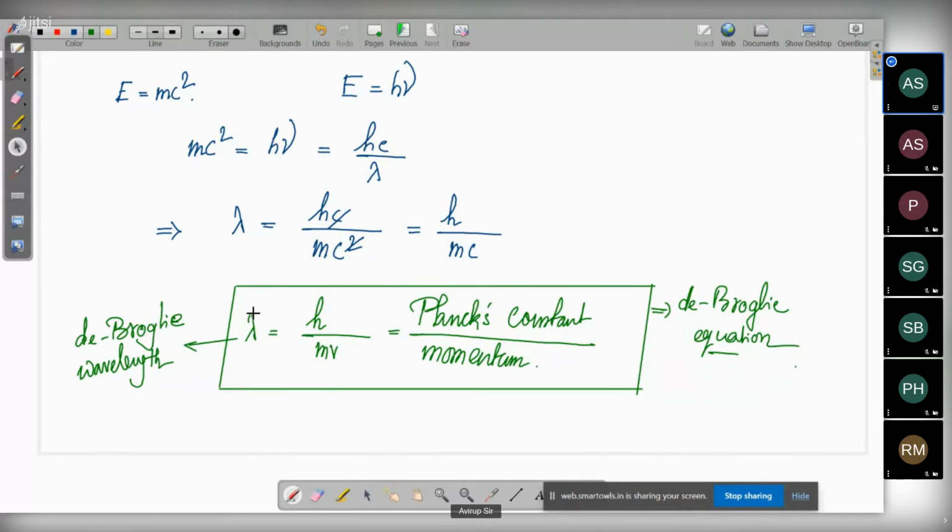Because a macroscopic object has a huge mass, the de Broglie wavelength is so small that it cannot even be measured. Mathematically it has a value, but physically it does not have any significance.